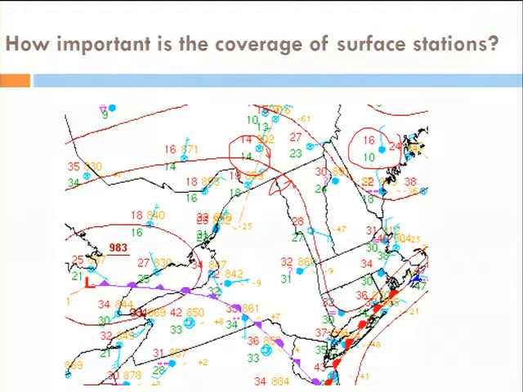That is largely controlled by the fact that we have valleys running in different directions, and we're surrounded by mountains on basically all sides. So the coverage of surface stations is actually pretty important.